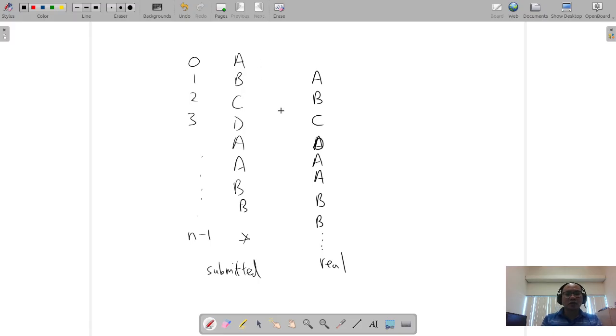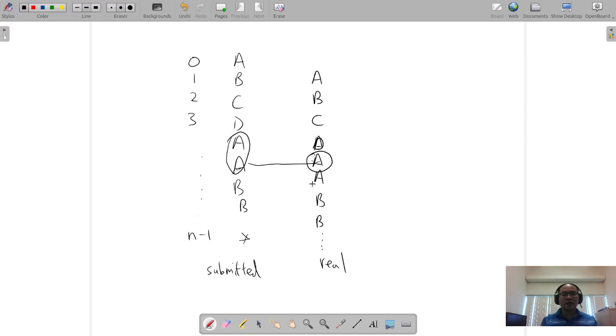So the only time that you match is if the submitted answer, of course, is the real answer, but that also means that you must have two of the same answers in a row. That's the only way you can match, right?